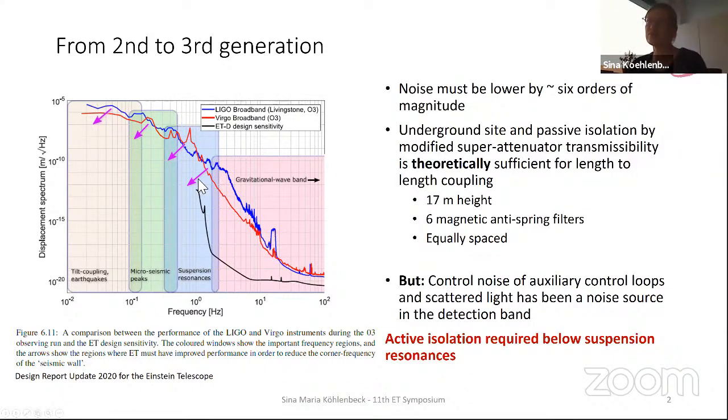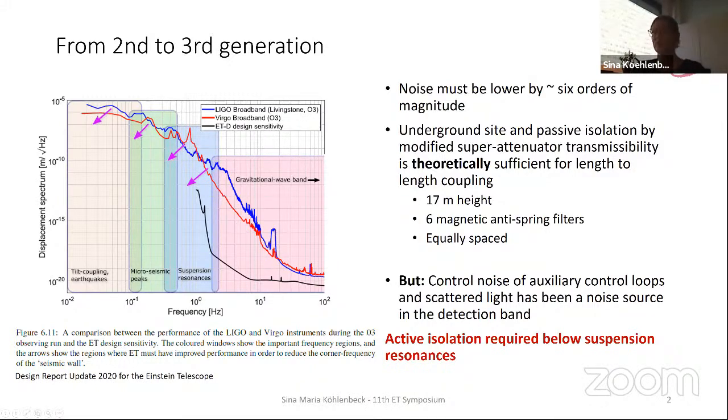These arrows indicate what we have to achieve if we want a very good seismic isolation in a few hertz band. In this region where we want to have sensitivity to measure gravitational waves at a few hertz, we need to lower this noise by 6 orders of magnitude. And this is, of course, not simply done.